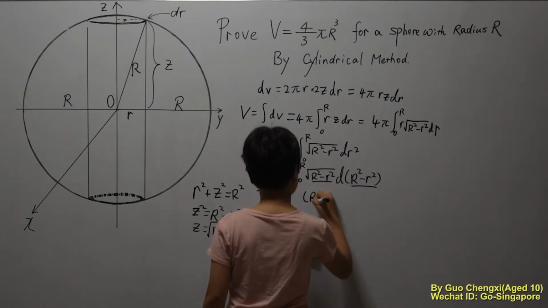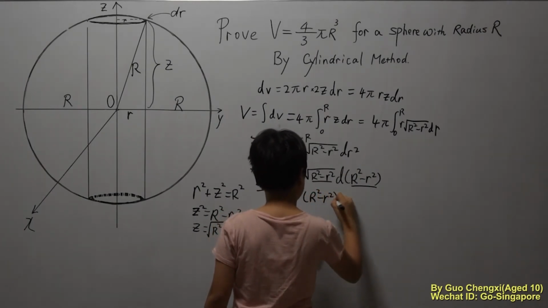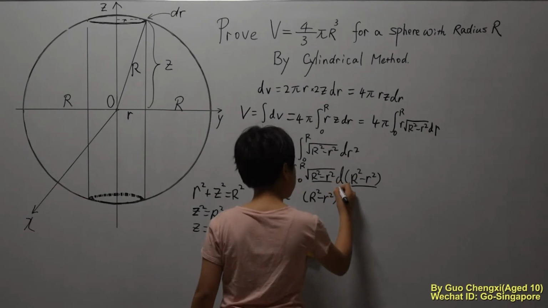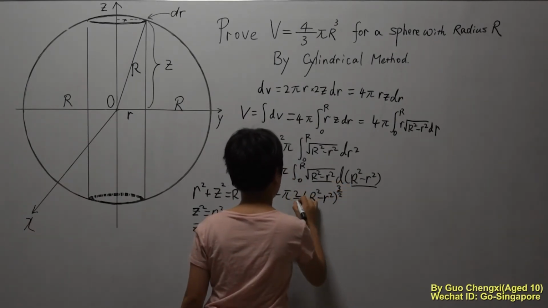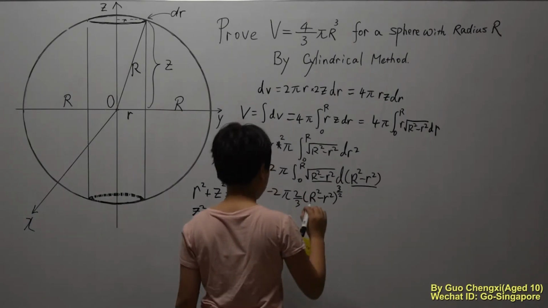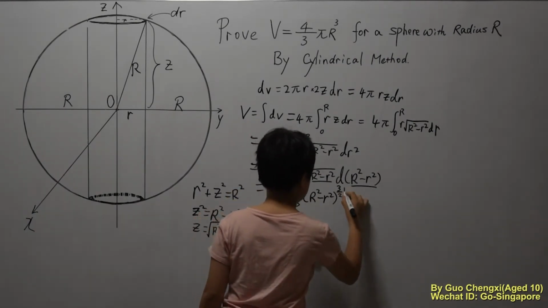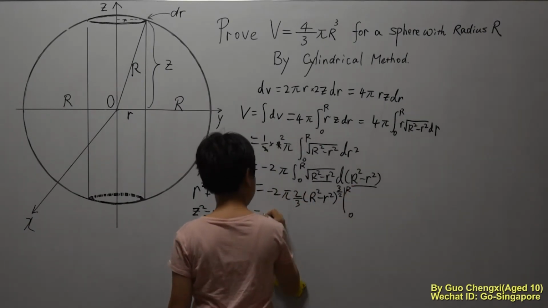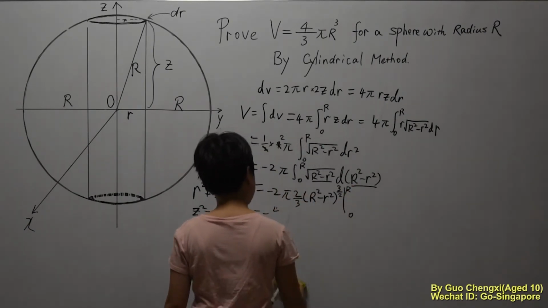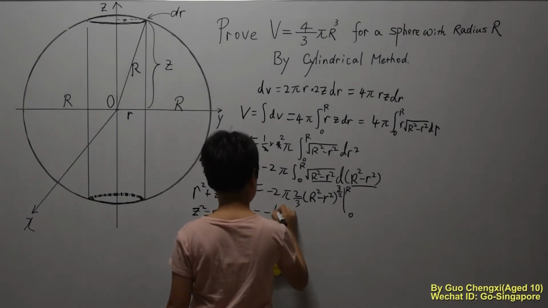So here it will become R squared minus r squared bracket to the power of 3 over 2. But wait, what do we have the times over here? 2 over 3. Okay? Alright, and then wait, the range is from 0 to R, right? So first of all, here it becomes negative 4 over 3, right?